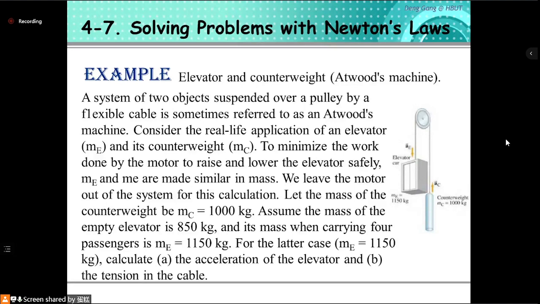A system of two objects suspended over a pulley by a flexible cable is sometimes referred to as an Atwood's machine. Just like an elevator, we have an elevator car and a counterweight. The mass of the elevator is ME and the mass of the counterweight is MC.